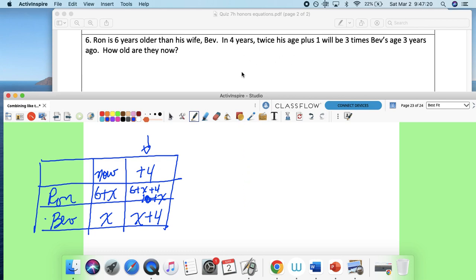So now, let's set up the equation. In 4 years, twice his age, so 2 times Ron's age, which is 10 plus X, plus 1, will equal 3 times Bev's age 3 years ago.